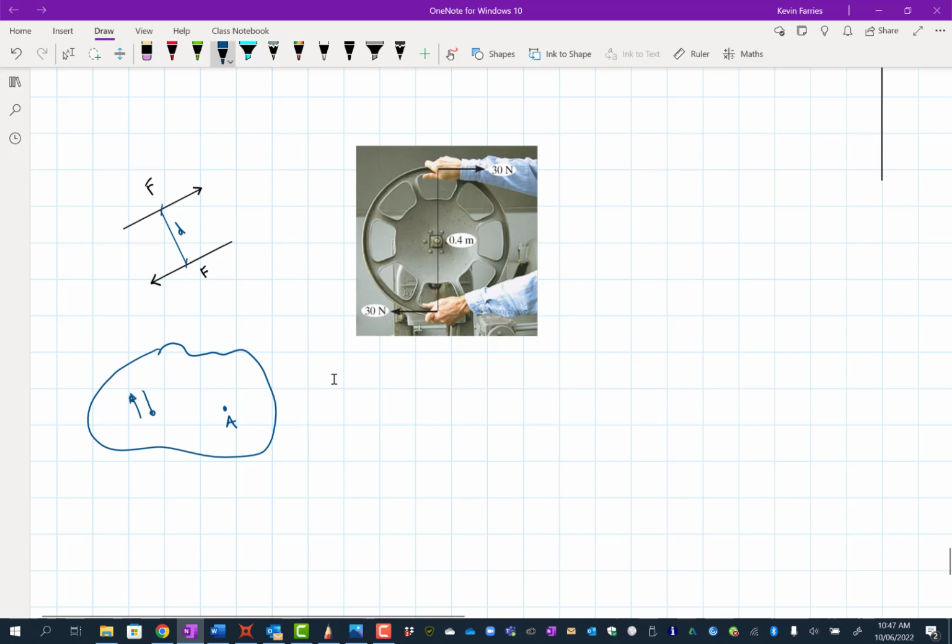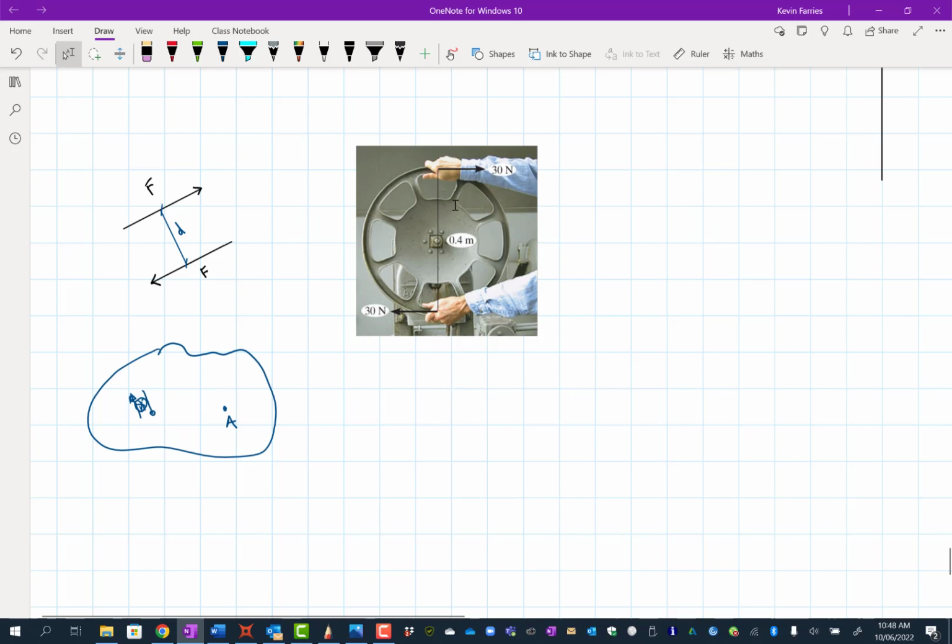Then an easy way to think of that is as if you've stuck on a hand wheel like so, and you're trying to rotate that hand wheel as this fella is in this picture here. So that's basically what a couple is, and that wheel is fixed to this body, and then we'll see what that couple would do to the body as we go on through this little presentation.